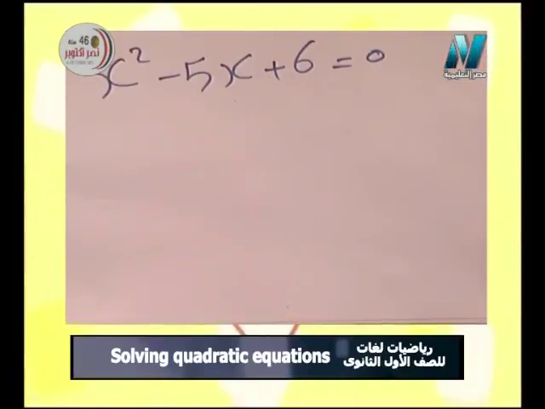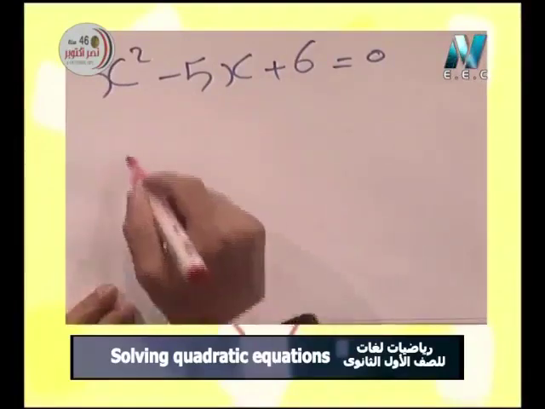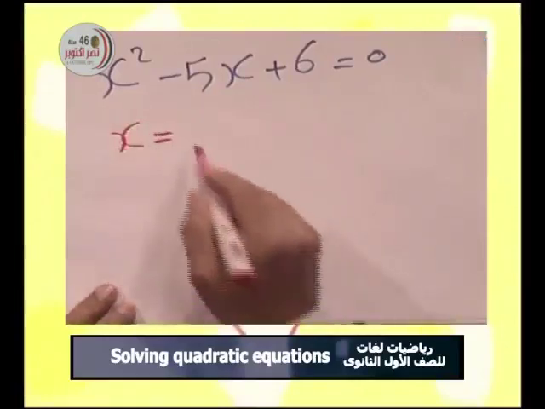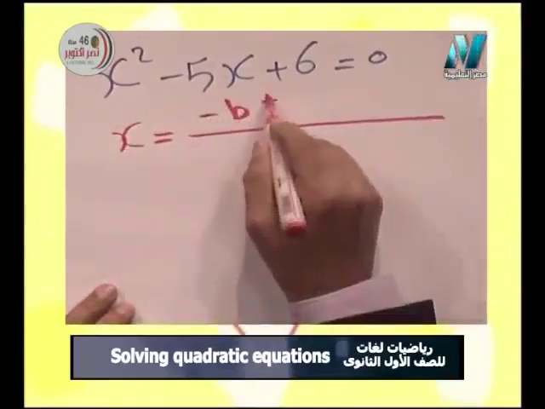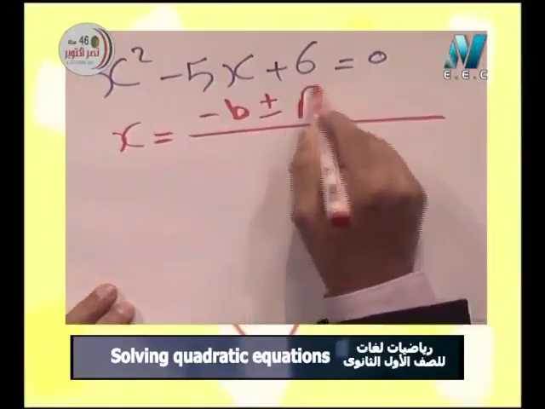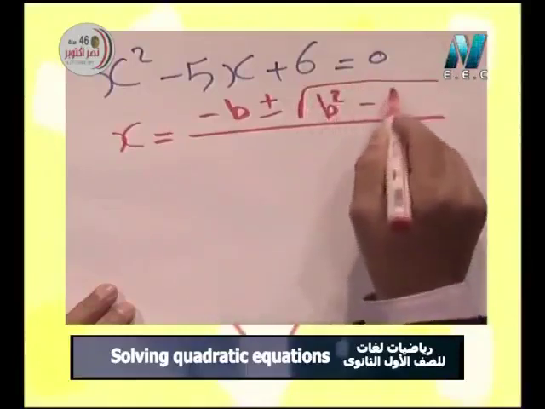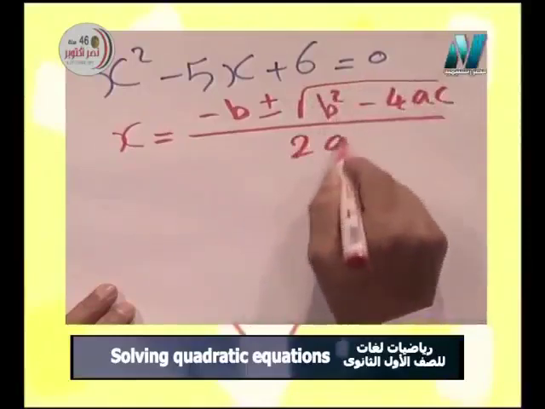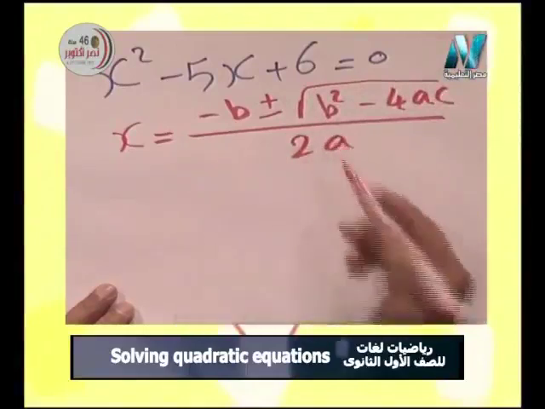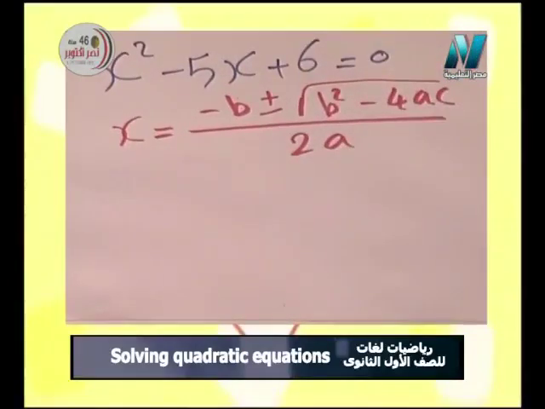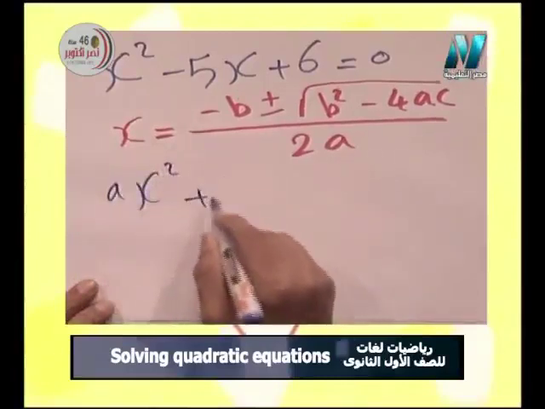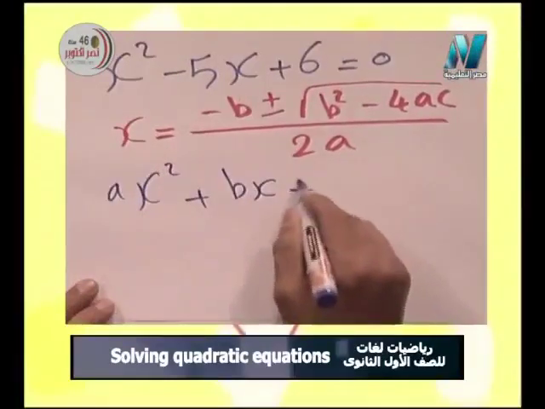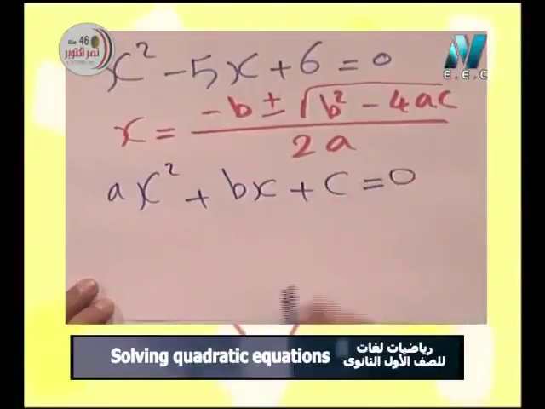About the quadratic formula. The quadratic formula is x equals a fraction: negative b, plus or minus the square root of b power 2 minus 4ac, over 2a. What are b and a? We have the formula of a quadratic equation, which says ax power 2 plus bx plus c equals 0.